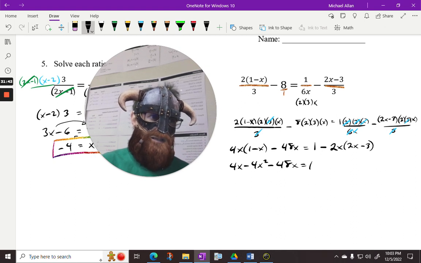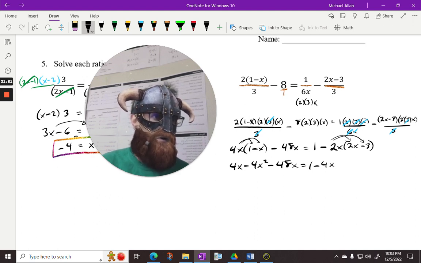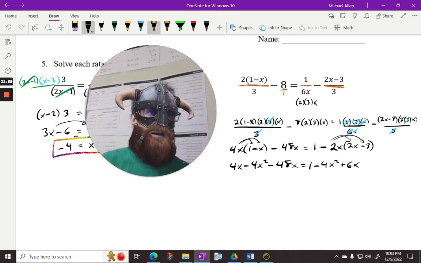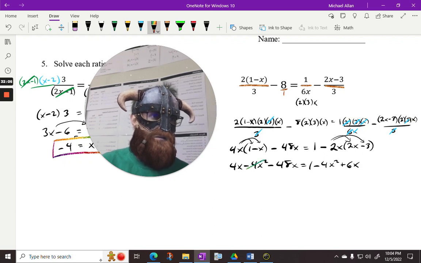I'm going to include the negative as well, so I'm going to get negative 4x squared. There's 2 negatives here, so this is going to be positive 6x. So if I added over the 4x squared to this side, or either side, they're going to cancel out. If I were to add them to each other, they're gone.